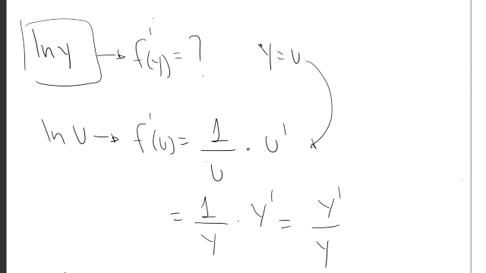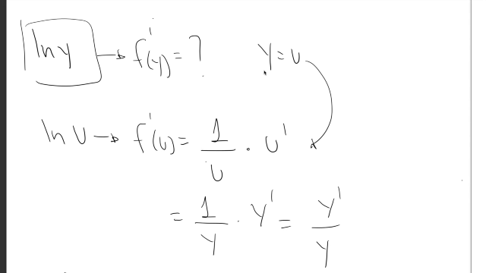I'm going to apply it just by saying that y is going to be equal to u. And if y is equal to u, the derivative of natural logarithm of u is going to be 1 over u. Remember, the derivative of natural logarithm is going to be 1 over the variable of the natural logarithm. But in this case, since we are applying the chain rule, it's also multiplied by the derivative of the inside.